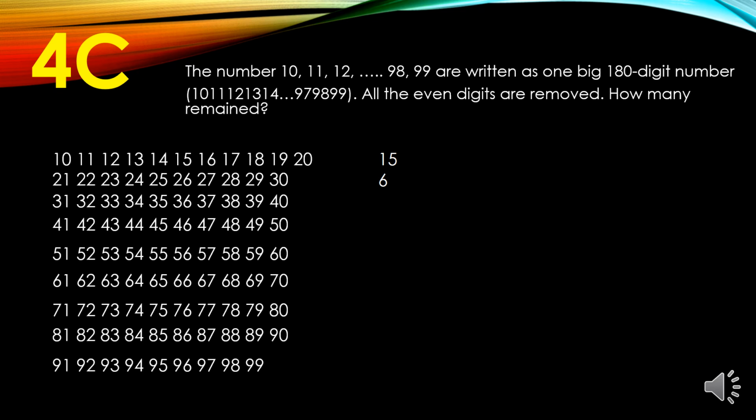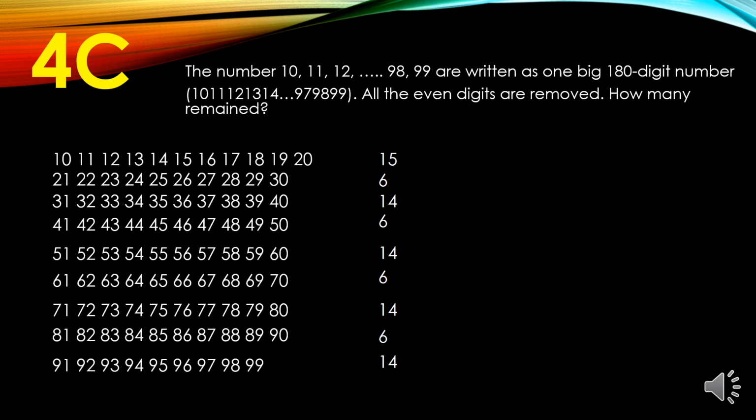For 21 to 30, it will leave 6. 31 to 40 will give you 14. 41 to 50 will remain 6 odd digits. 51 to 60 will remain 14 odd. 61 to 70 will give you 6. For 71 to 80, it will be 14. 81 to 90 will be 6, and 91 to 99 is 14.